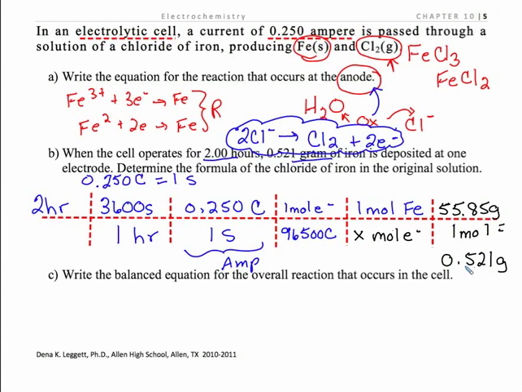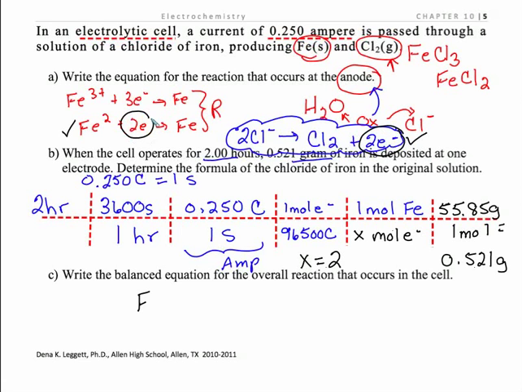So, 2 ways you can do this. Plug in a 2 here and see if I get 0.521, then plug in a 3 here and see if I get 0.521, or just solve this math equation for x. Either way, we find that x is equal to 2. So that means I have this at my cathode and this at my anode.